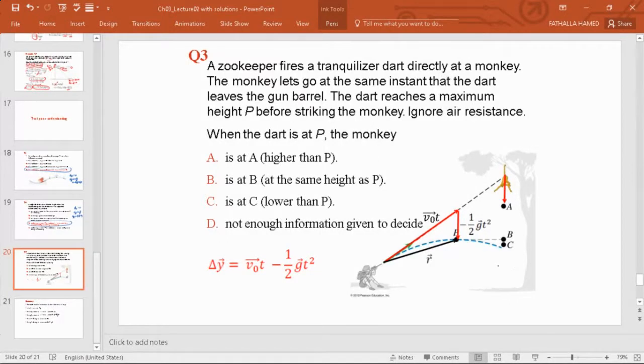And of course, if they want to meet at the same point, you have choices here: is it at A higher than B, at B the same height as this, at C. I will leave this for you to think about and tell me what the right answer is.